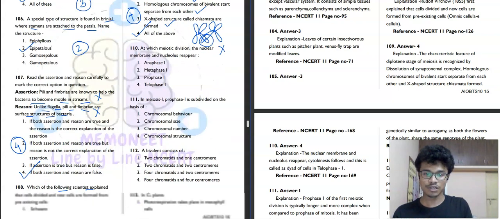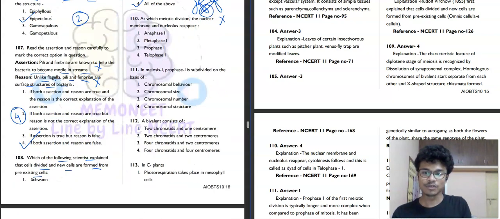Moving towards the next question, 110. In meiosis I, prophase I is subdivided on the basis of chromosomal behavior, chromosomal size, chromosomal number, or chromosomal structure.